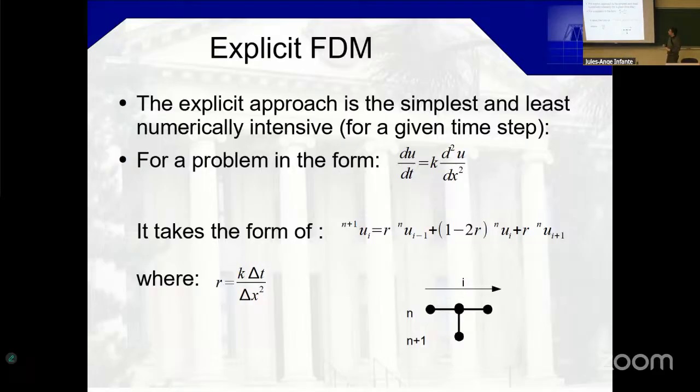So it's inversely related to the square of the interval between the values, and at the same time, it is directly related to the time interval. So the smaller the space interval, the smaller the time interval we need to ensure that R remains smaller than 1/2.